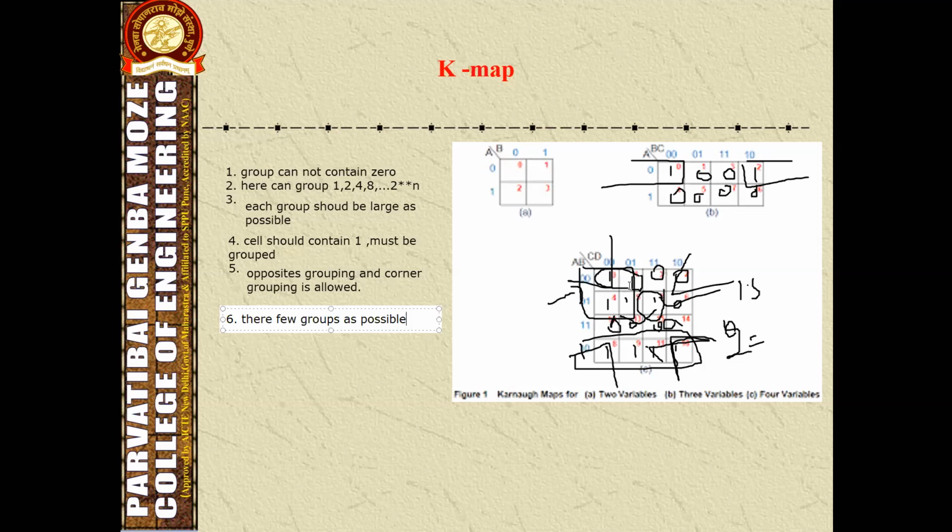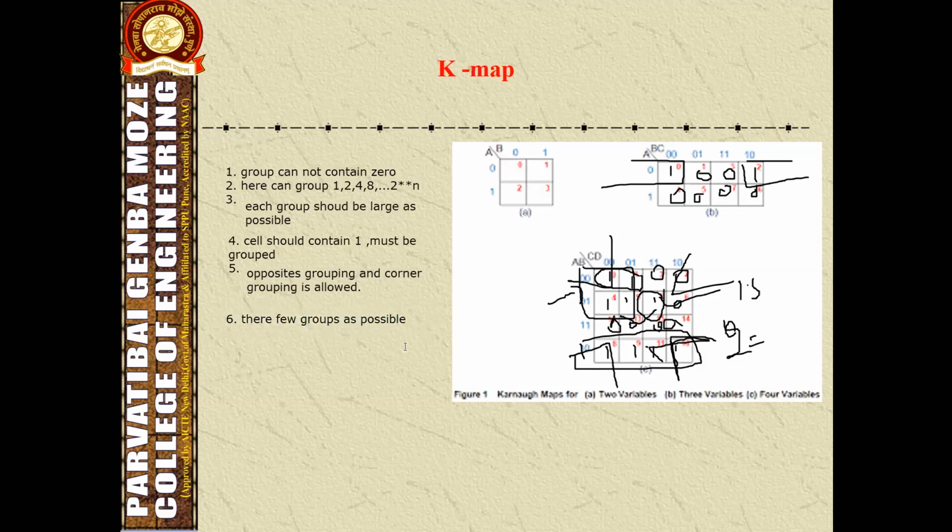After that, we have to keep in mind there should be a minimum number of groups, because if we consider small groups having a single one or two ones, the expression will become very lengthy. So there is no meaning in using this K-map.